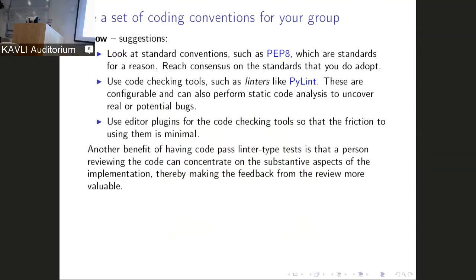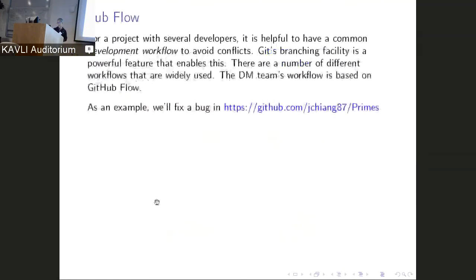You can go and fix those things. And so you should use these plugins in your editor, whether it's Emacs or Vim or some fancy IDE like PyCharm, to run these code checking tools, so that you can get used to applying these conventions in your software. So let me stop there and go into the demos.